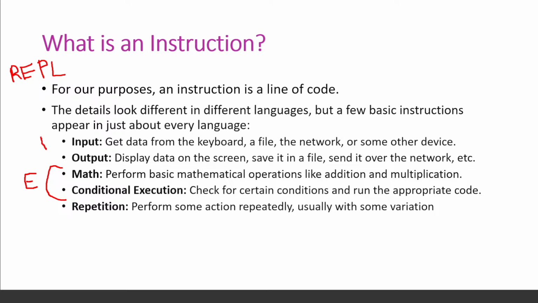So the input would be our read, the output would be our print, the math and our conditional execution would be our evaluate, and the repetition would be our loop. So these are two different ways you might hear somebody talk about the same thing.